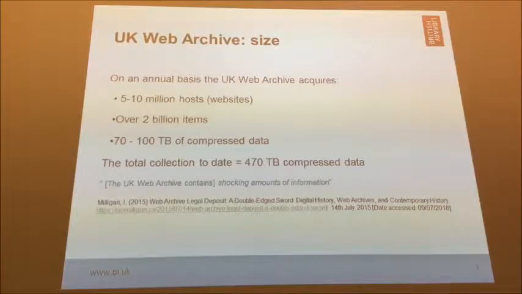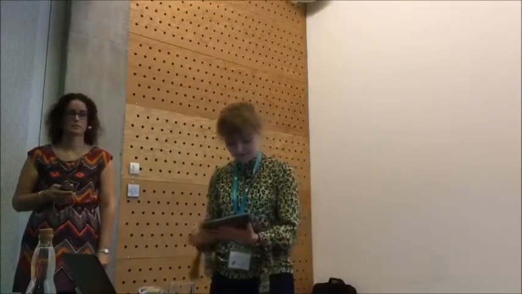We're acquiring on an annual basis about 5 to 10 million hosts. This is over 2 billion items, 70 to 100 terabytes of compressed data. So far, we think that we have about 470 terabytes of compressed data.